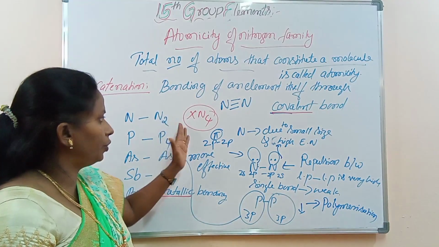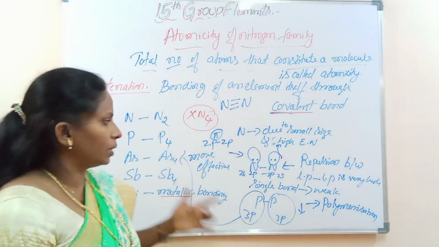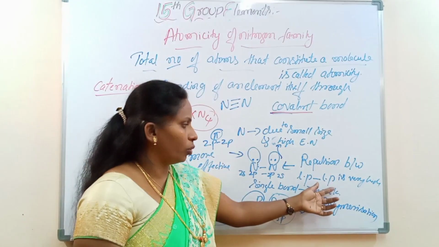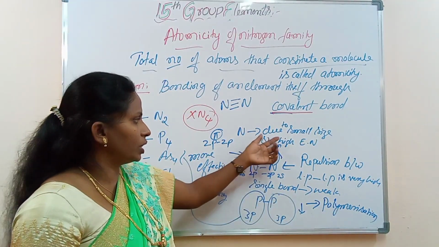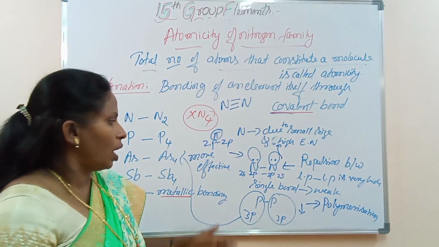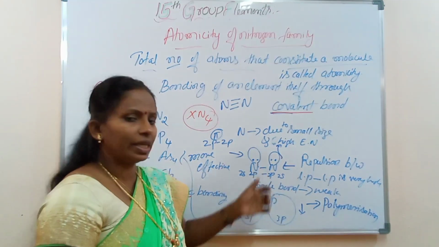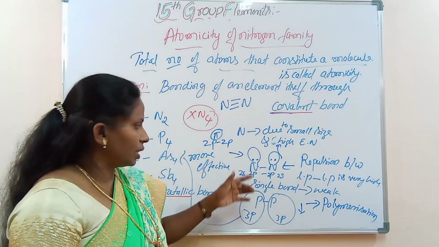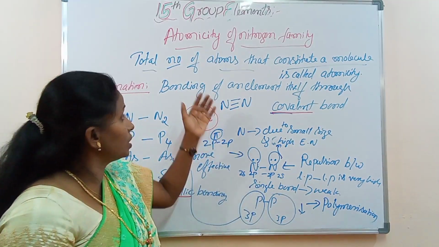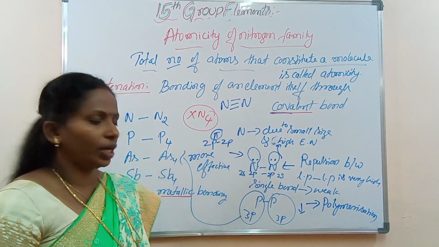That is not due to the absence of d orbitals, but actually due to the repulsion between lone pair and lone pair being very high, and nitrogen being very small in size with high electronegativity, so the single bond is very weak, and so atomicity decreases in case of nitrogen.